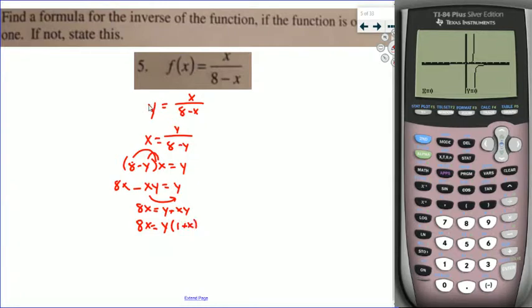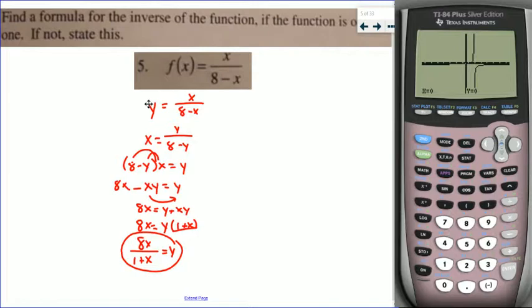Then we want to get y by itself, so we divide by the thing that we're multiplying it by. We then have 8x over 1 plus x equals y. And this right here is our inverse. Feel free to set it equal to f inverse of x. Okay? So there is how you get y by itself, and that's the inverse of that function.